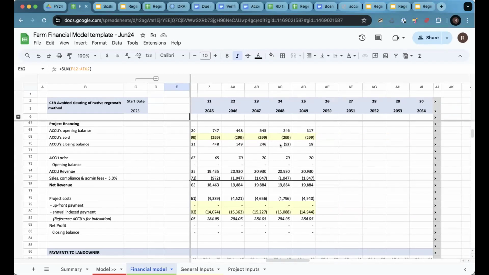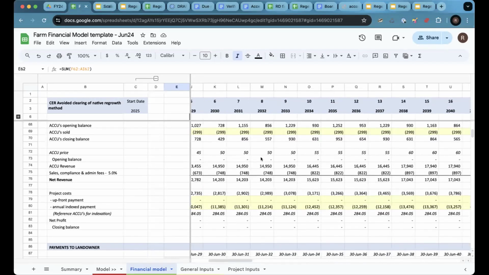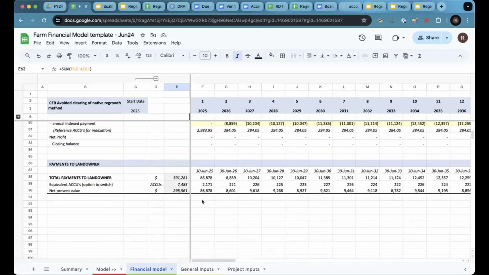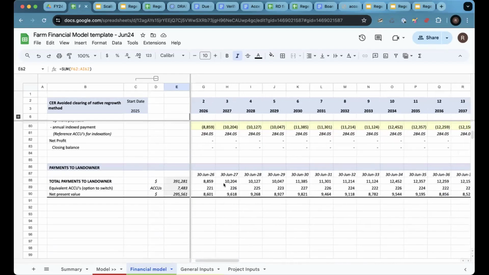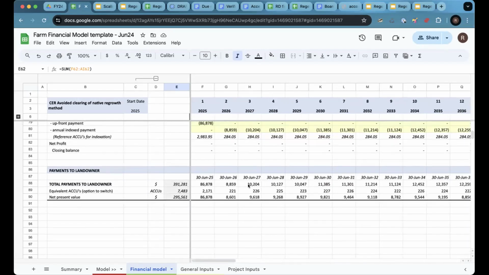We've got a shortfall that year, so that pays for the interest costs for that, and therefore allows for that cash flow where farmers can choose between getting, in this case, $10,000 that year, based on the assumption that the carbon price was, I think, $45 that year, or they can choose to take the ACCU equivalent, being 226 ACCUs, or some blend thereof.